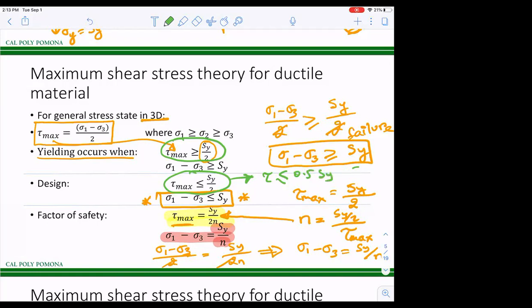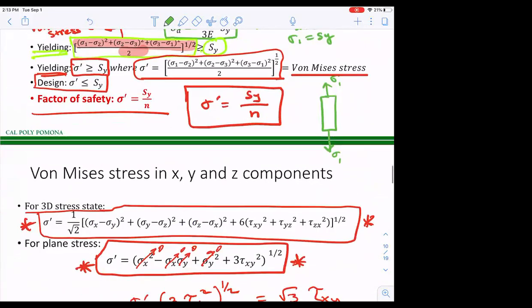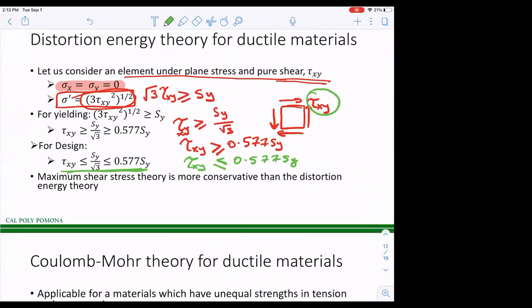So for this particular case, if you were analyzing it with the maximum shear stress theory, you're going to say, if the applied stress is less than half the yield strength, we're good. But if you are using distortion energy theory, you're going to say, if the applied shear stress is less than 0.577 times the yield strength, then we are good.